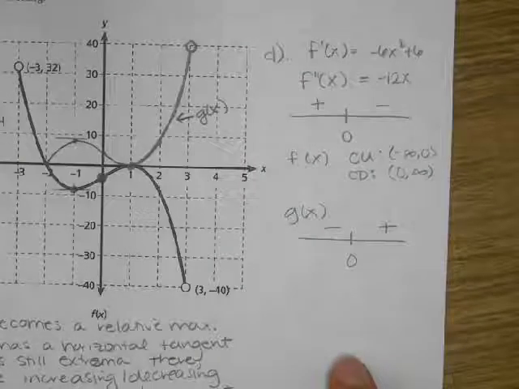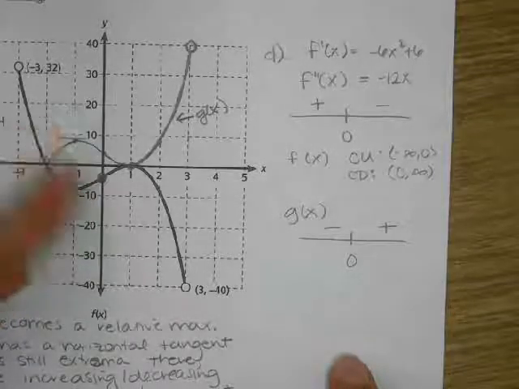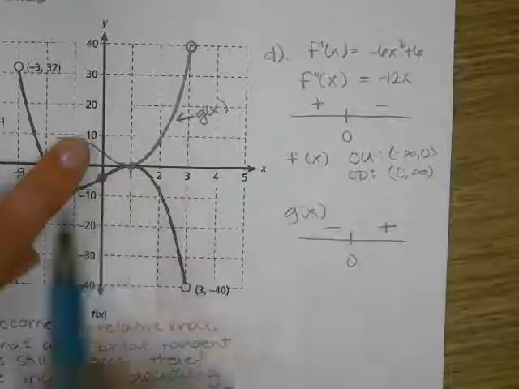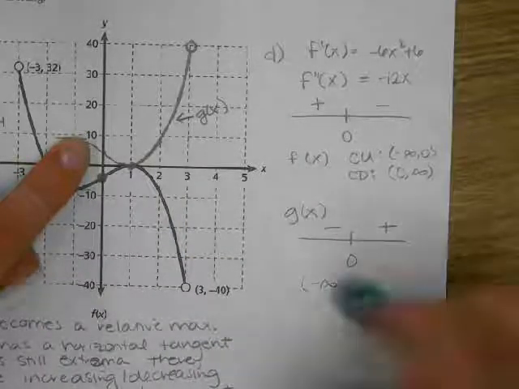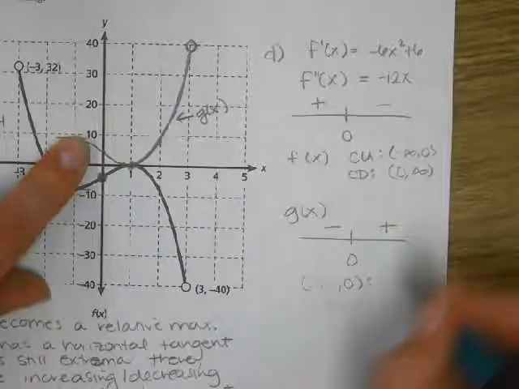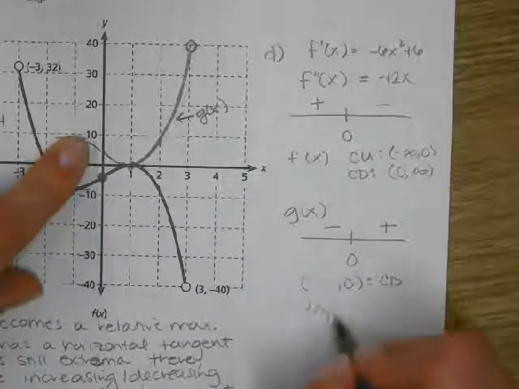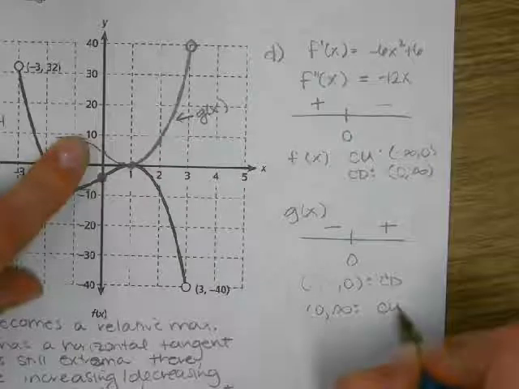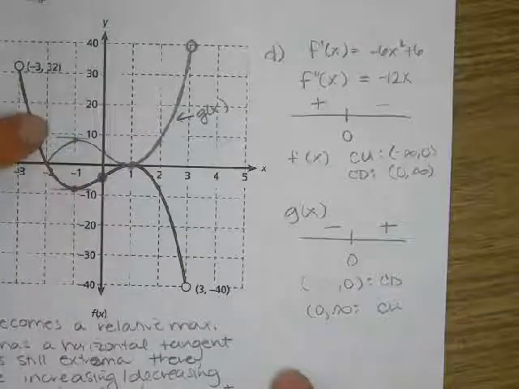So when I was looking at that, I could see that that fit partially, right? Because if you ignore this right here, I can see that from something to 0, we are concave down, right? And then from 0 to infinity, I can see that we are concave up. But then something about this is a part of the graph that gets a little weird, right?